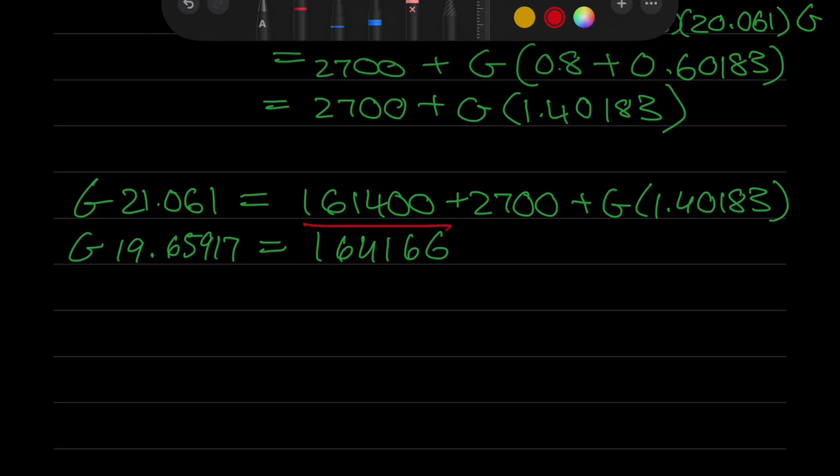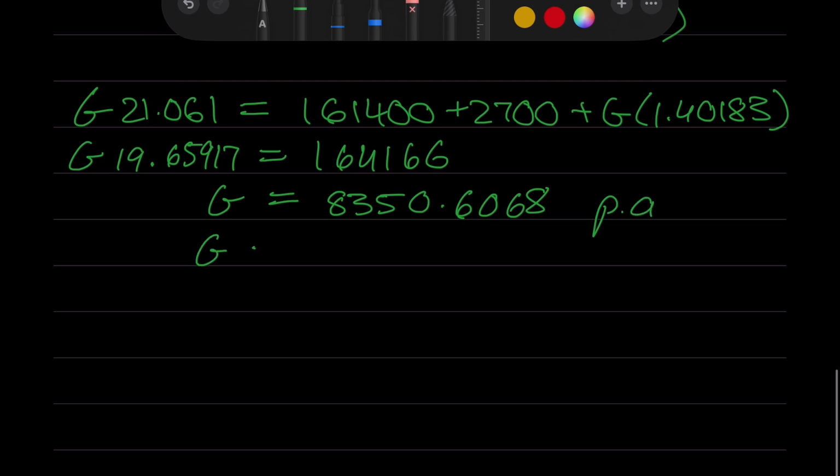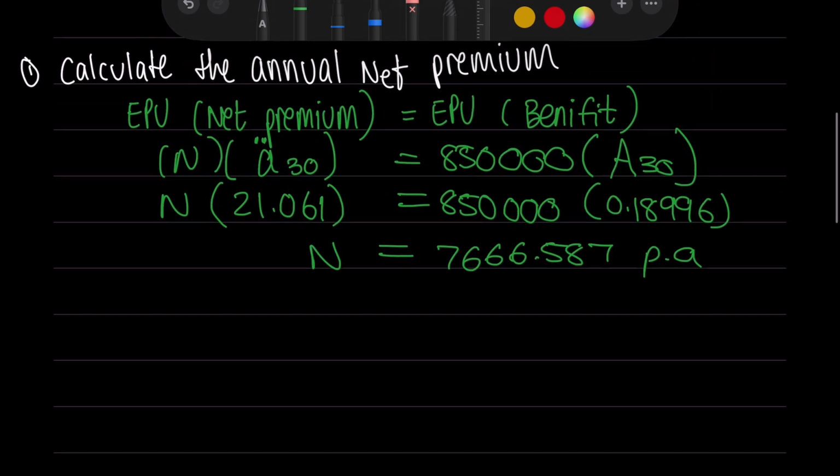These two numbers are so similar. Had me second-guessing, but we're good. Let's continue. Therefore, G is equal to 350.61. And this question was in dollars, so let's give our answer.